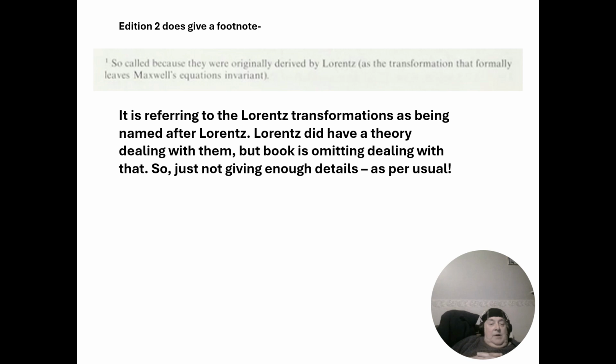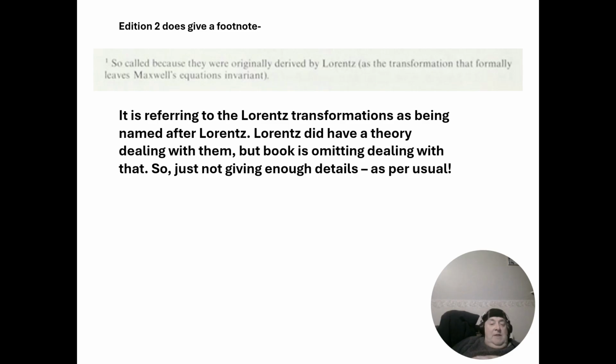And so edition 2 gives a footnote, and it says, "so called because they were originally derived by Lorentz as the transformations that formally leave Maxwell's equations invariant." And what it's referring to is the Lorentz transformations. That piece of mathematics is named after Lorentz.